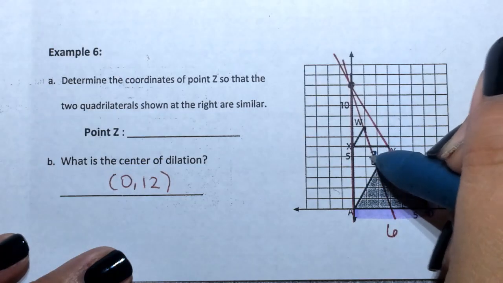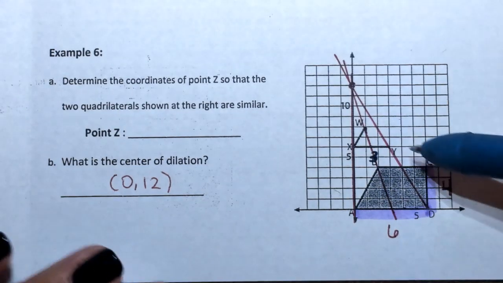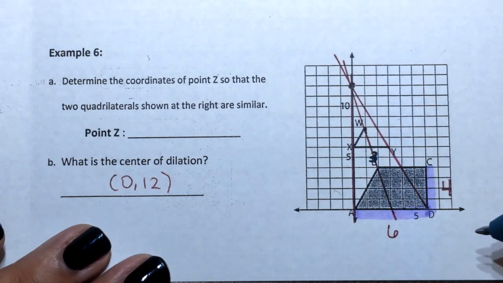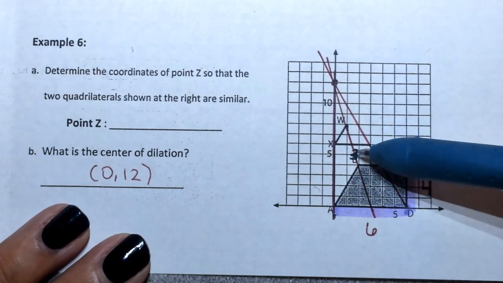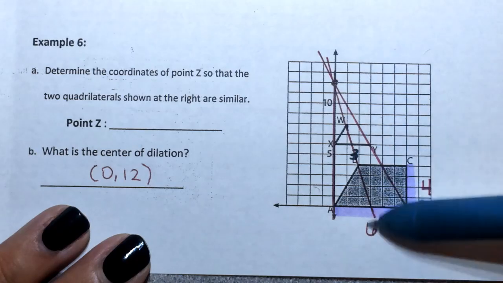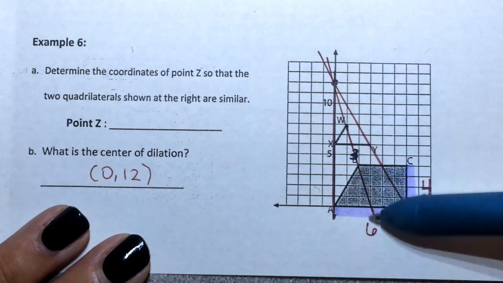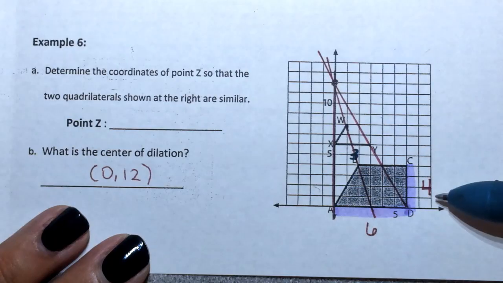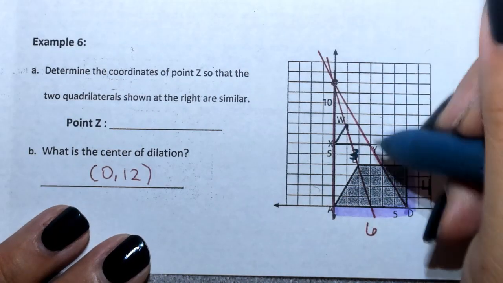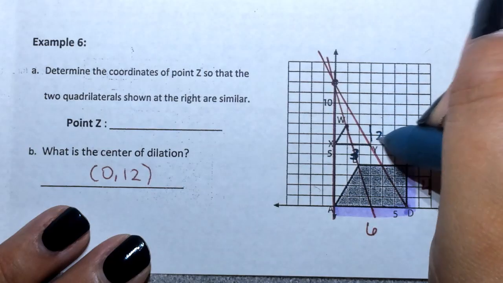So then what's it going to do? How do I find the other one? If this is 3 and this is 6, what's it doing? Reducing by, no, by half. Yeah, I get what you're saying. So what am I going to do with this 4? Half of that is 2.